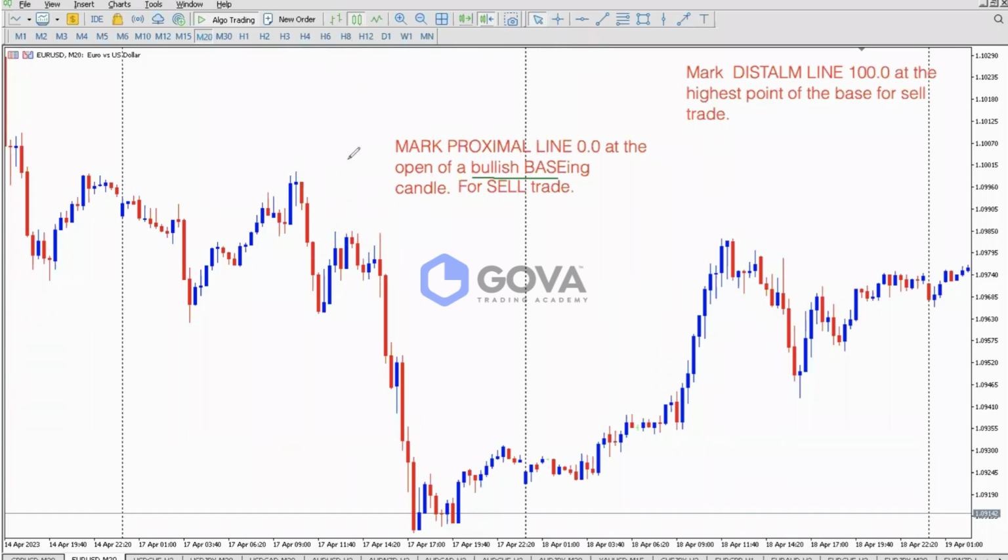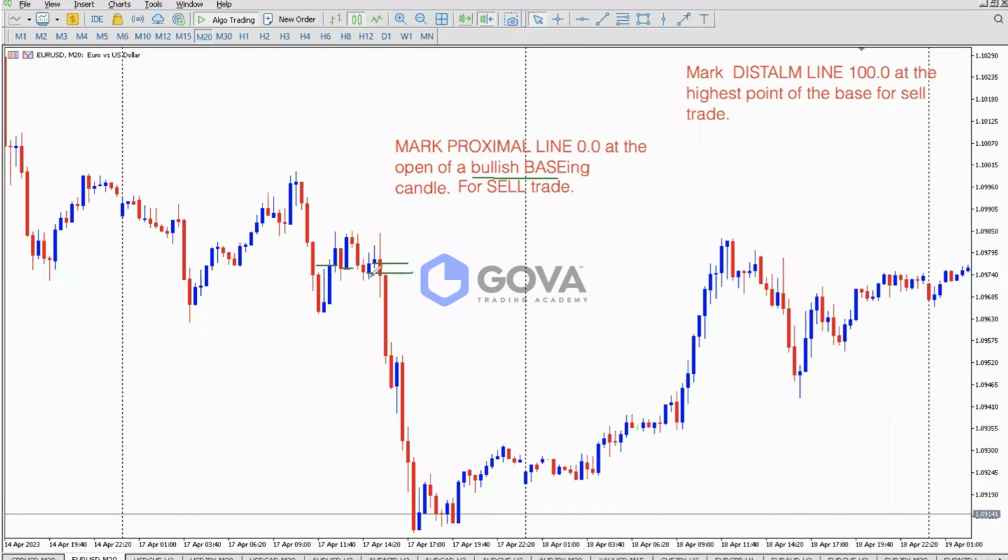Remember, these are the basing candlesticks, the small candlesticks in the area. This is the opening of the first bullish candle, this is the opening of the second, and this is the opening of the other bullish candles.